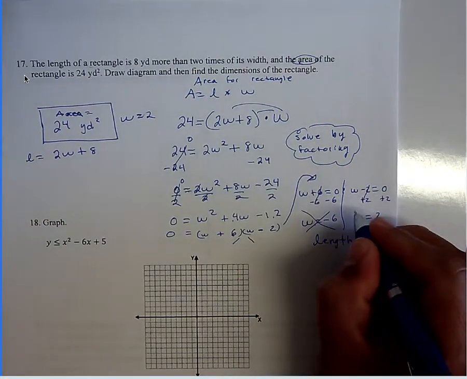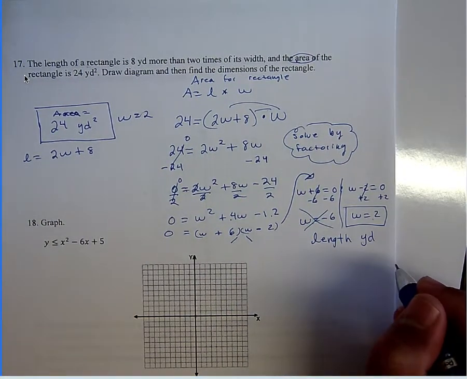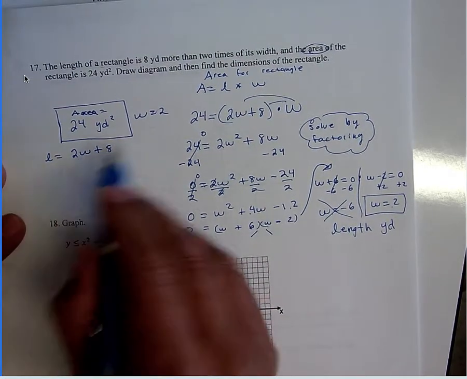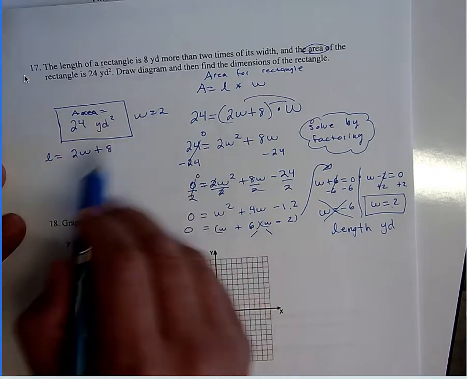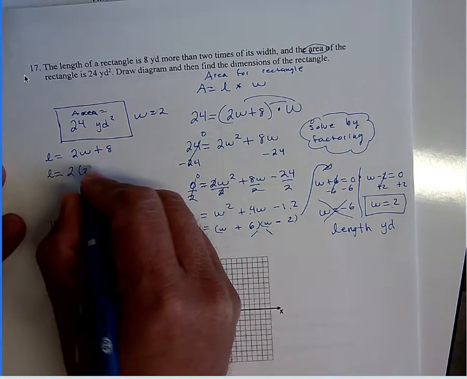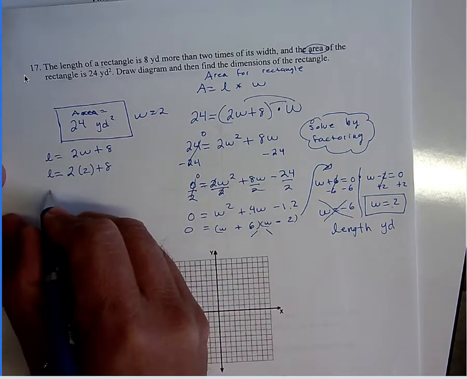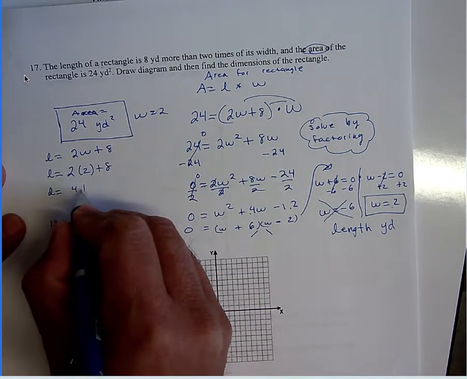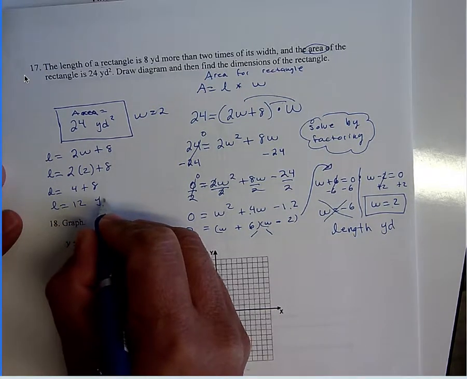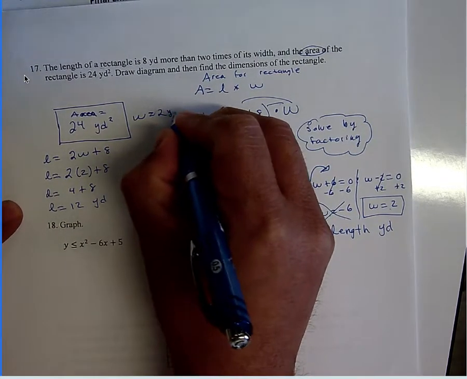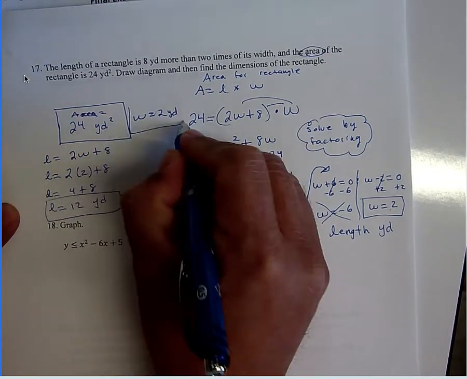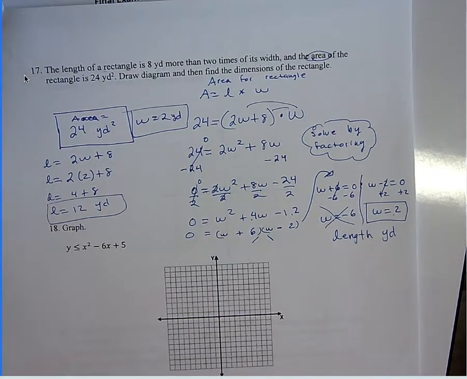We found one of the dimensions. To find the length, all you have to do is substitute this into that W. 2 times 2, 4 plus 8, so 12 yards. This is 2 yards. Very important. And those are the answers for this one.